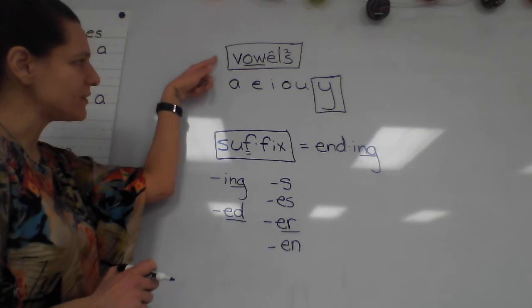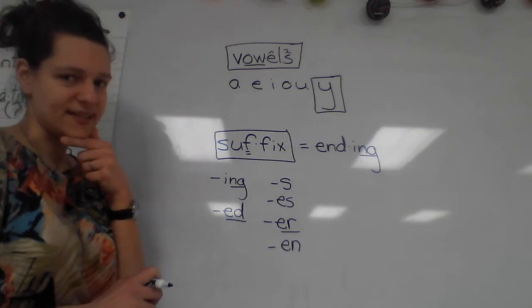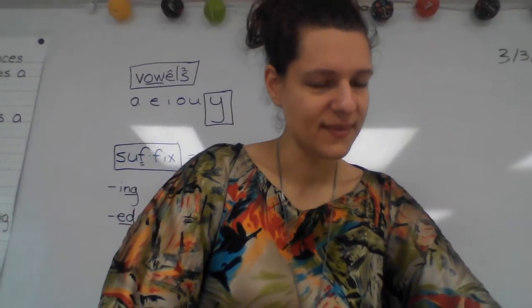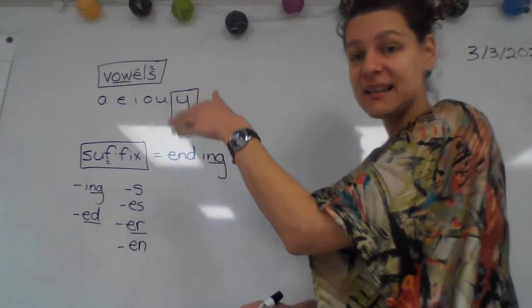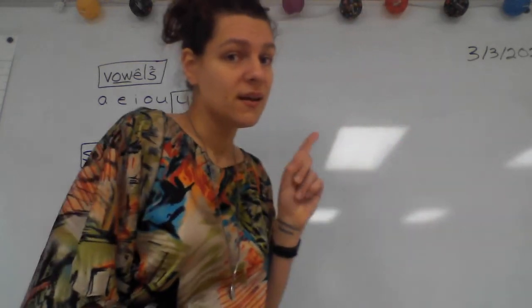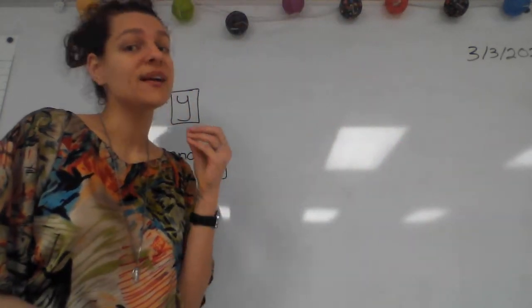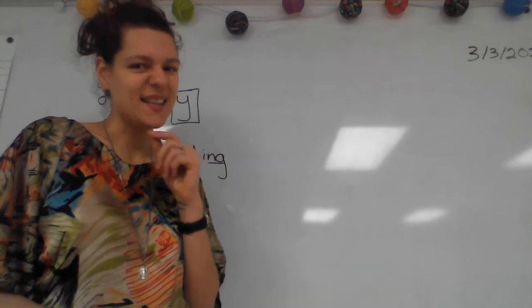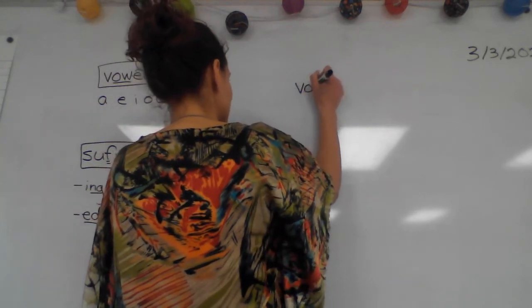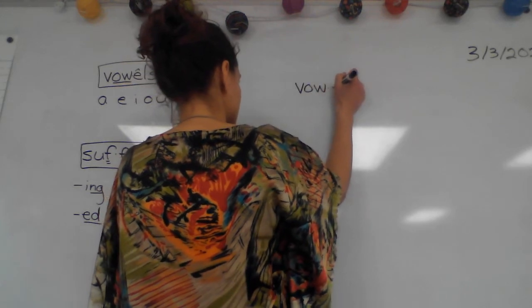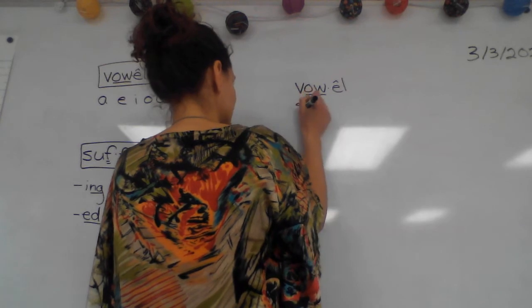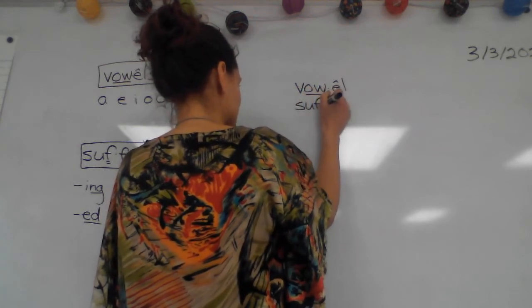All right, so we've gone over vowels and we've gone over suffixes. The other thing I would like us to review has to do with putting these things together. We have some rules for when we're adding vowel suffixes to the end of words. Well, we've got to know what vowel suffixes are to be able to do those rules.